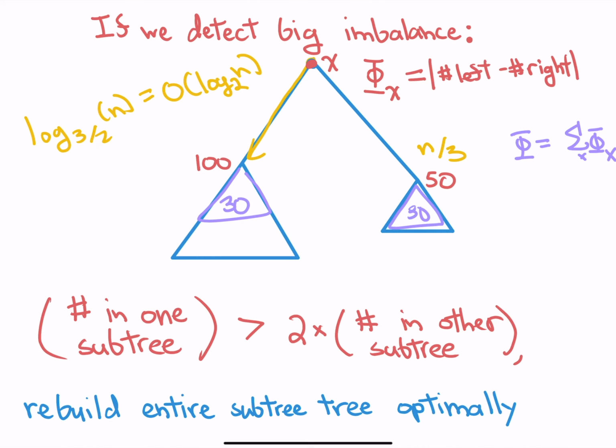So for each subtree along the way, the potential goes up by 1 at most. And then how many subtrees are there? Log n, because the height is always at most log n, because it's already mostly balanced everywhere. So log n trees, each of those potentials go up by 1. So you pay log n in the increase in potential. And if you do have to rebalance any of those trees, the decrease in potential will pay for it.